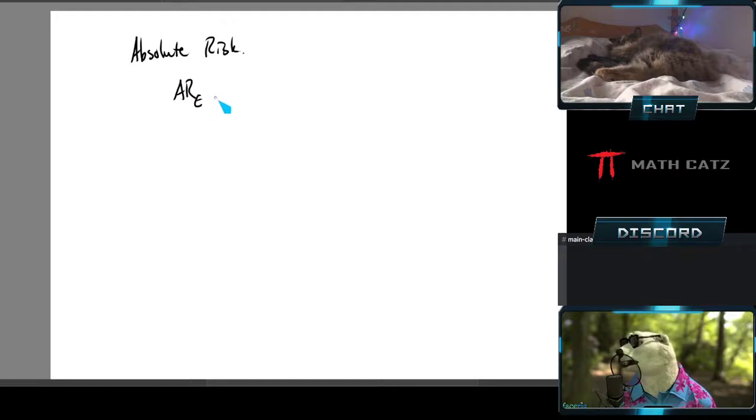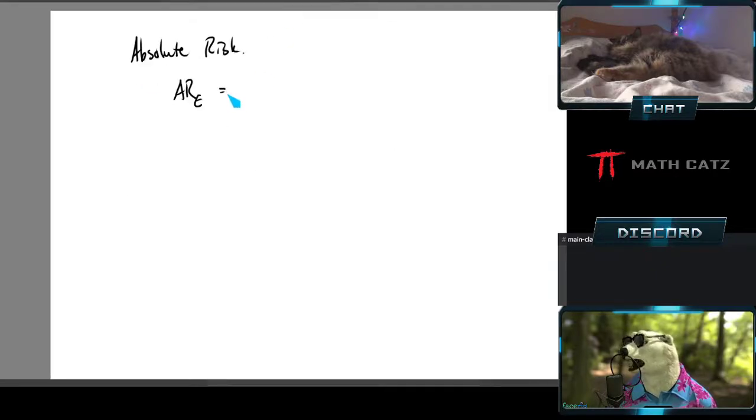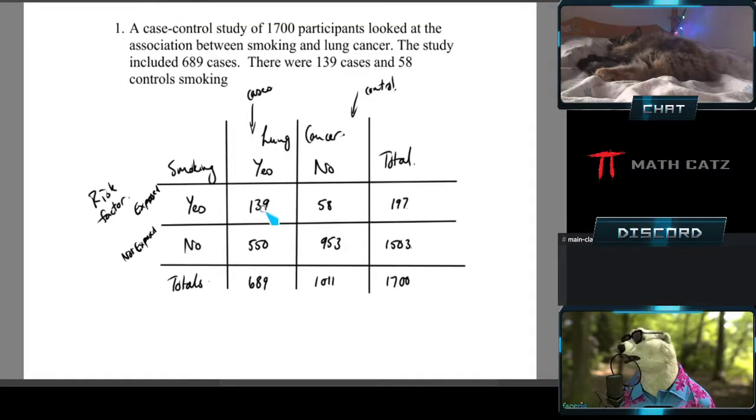Absolute risk of the exposed group, the absolute risk of lung cancer, that'll simply be the percentage of those that have lung cancer per the total that are smoking.